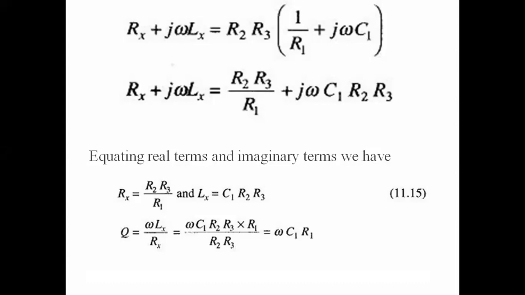Q is obtained as omega into Lx by Rx, whereas Lx is equal to C1 into R2 R3 and Rx is equal to R2 R3 by R1. By substituting here, we get the quality factor Q is equal to omega into C1 into R1.